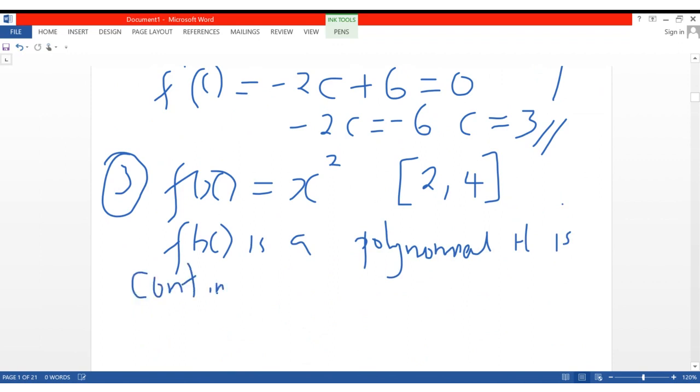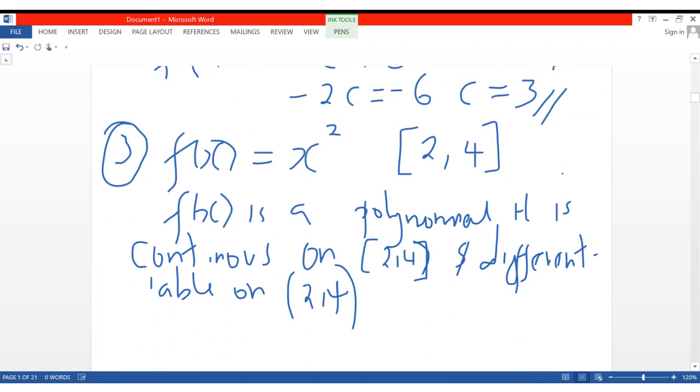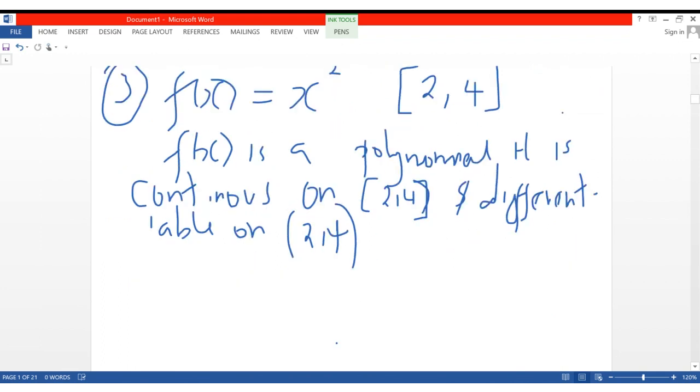It is continuous on the closed interval 2, 4, and differentiable on the open interval 2 and 4. Now what we need to do is to confirm.